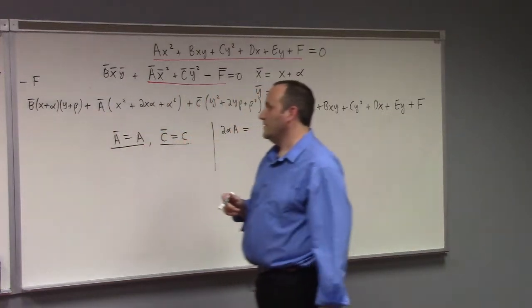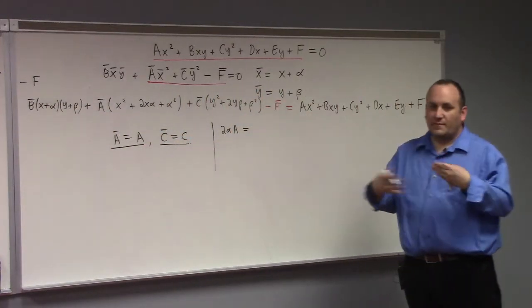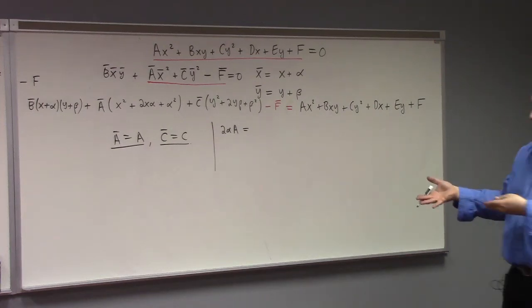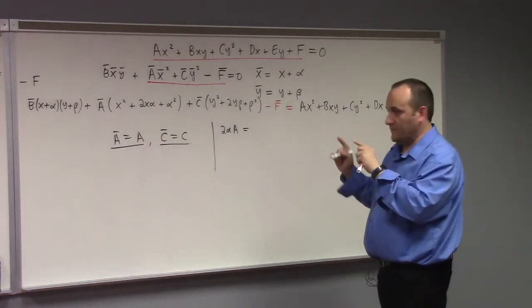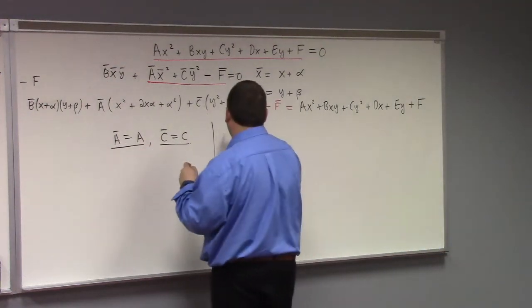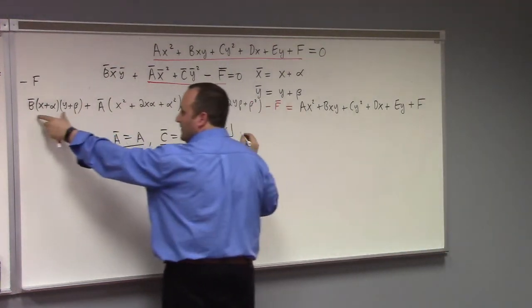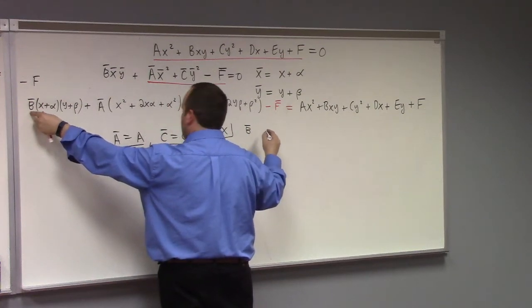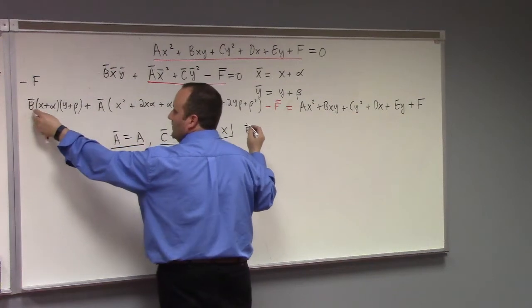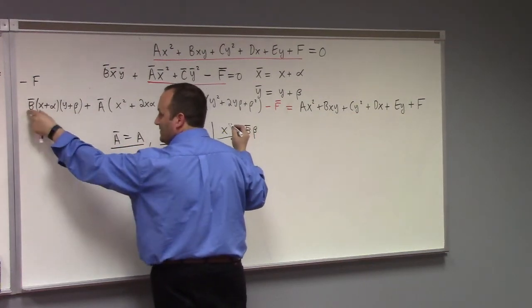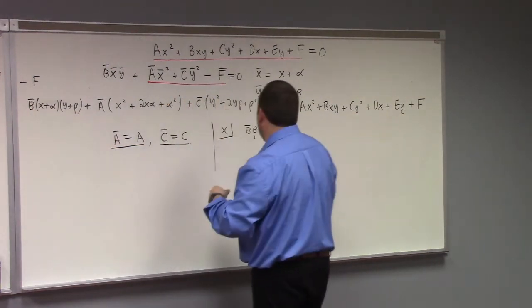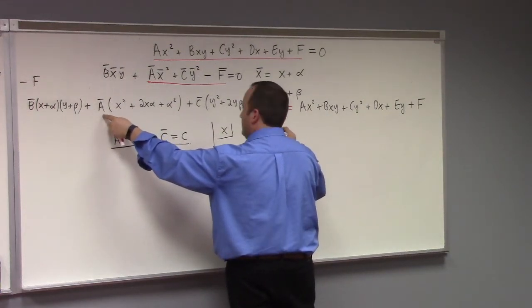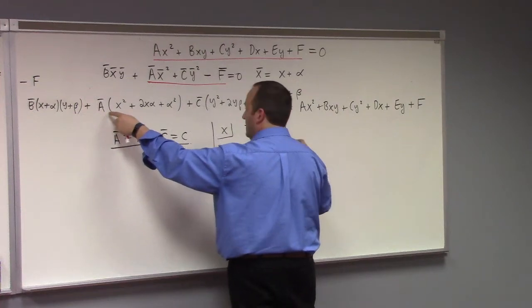That does not interfere with my a bar equals a or c bar equals c reasoning, right? Those are still fine. But when I look at x, what's coming into play with x? When we look at coefficients of x, we pick up something over here, right? We get a b bar, beta, yeah? This times beta, there's an x here, and there's also an x here, plus 2a alpha, right?